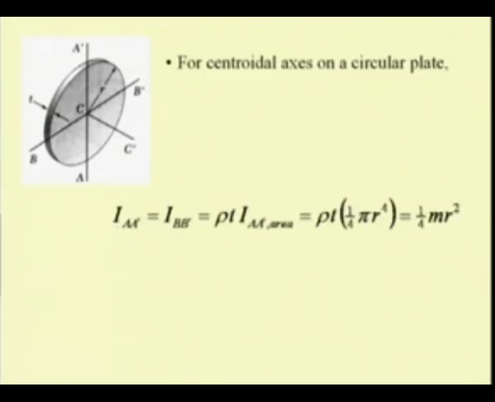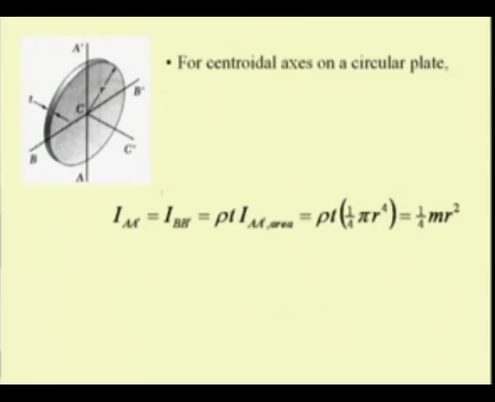We have the second moment with respect to the axis A prime, which is also equal to B prime. Why? Because this is a symmetrical body and these two quantities are the same.